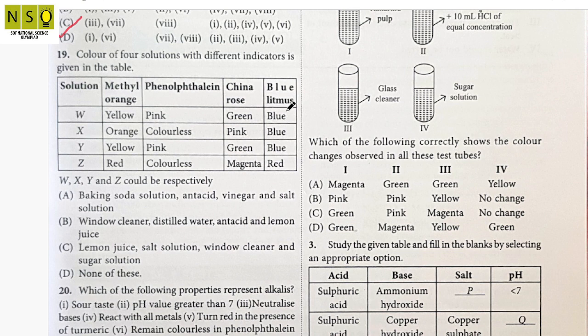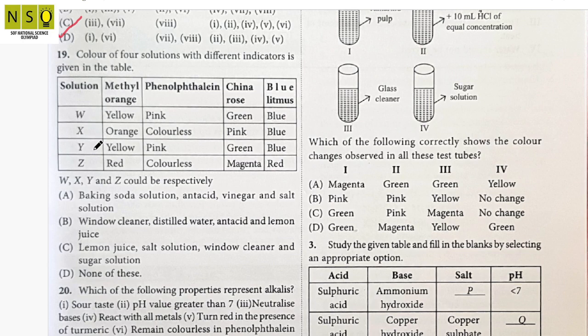Blue litmus becomes blue, China rose becomes green, phenolphthalein becomes pink and methyl orange becomes yellow. So W can be a base. And X, methyl orange becomes orange, phenolphthalein colorless, China rose pink, blue litmus blue. So X might be neutral.